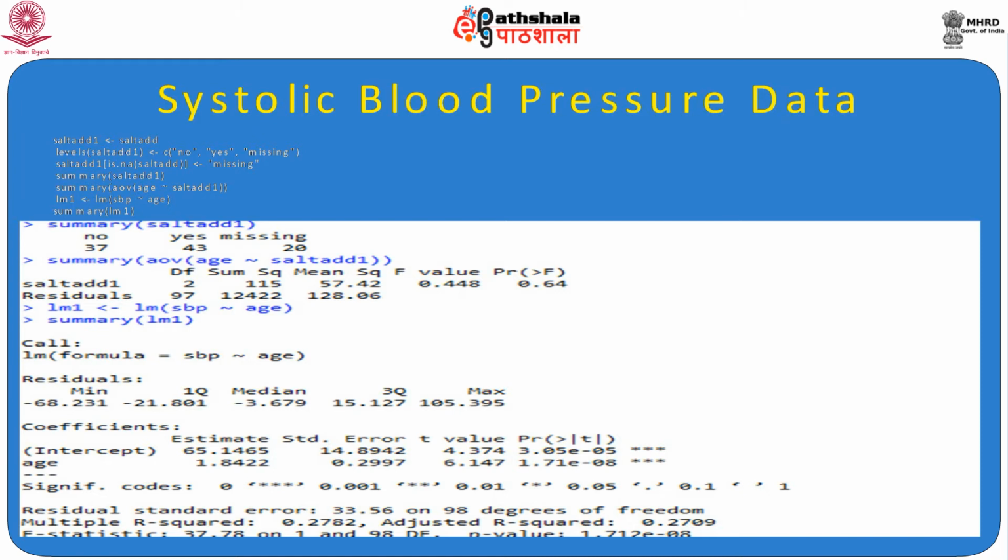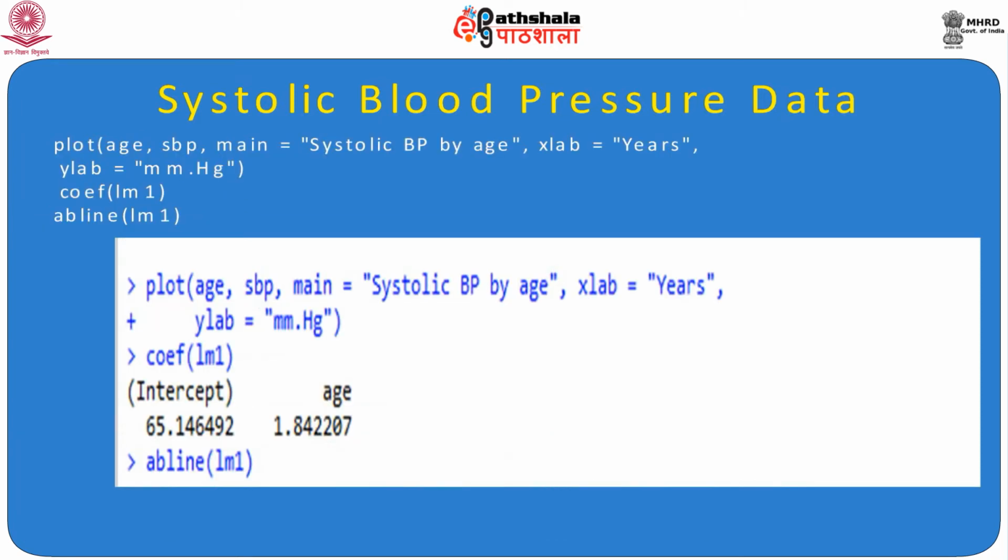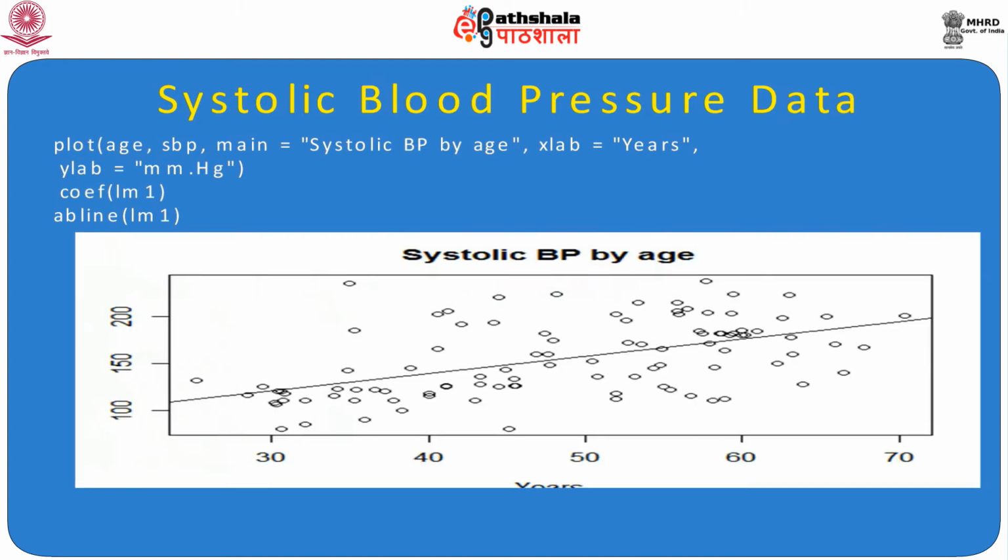Now we will plot the relation between age and systolic blood pressure, and in this function we will also plot the coefficients obtained from LM1. So this is the line, and thereafter we will put the abline of LM1. Let's see the data. This is the result obtained by plotting systolic blood pressure and age.